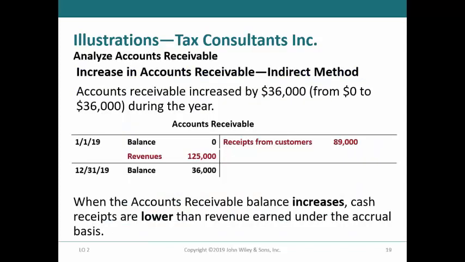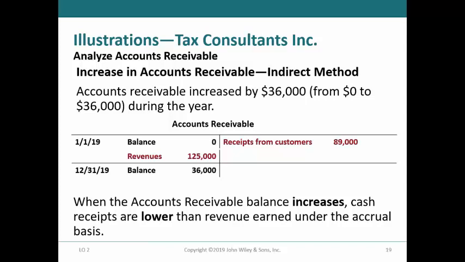We are first going to illustrate how to use the indirect method to determine net cash flows from operating activities. As we stated earlier, we will be starting with net income on the income statement. However, we know that the revenues that were reported on the income statement of $125,000 contain accrued amounts that have not yet been paid. How do we know this? Because there has been an increase in accounts receivable for the year of $36,000.